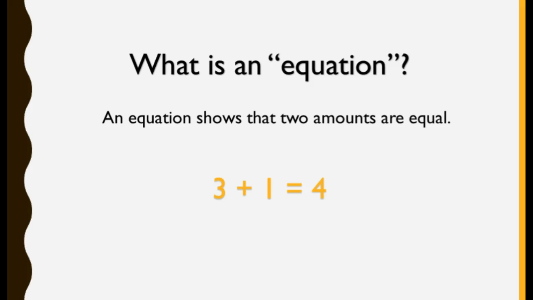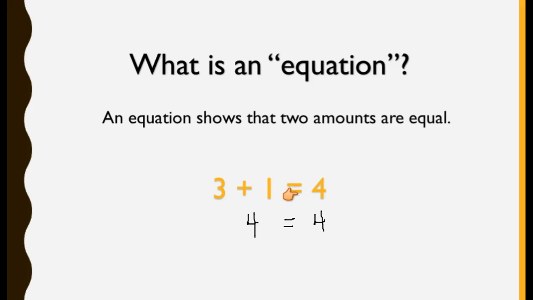Okay, so first of all, we need to figure out what is an equation. An equation shows that two amounts are equal. You can see here, this shows that 3 plus 1 is equal to the digit 4. And we know that's true pretty simply because 3 plus 1 equals 4. So this equation is true, that 4 equals 4.